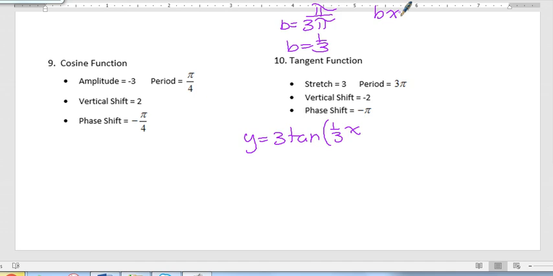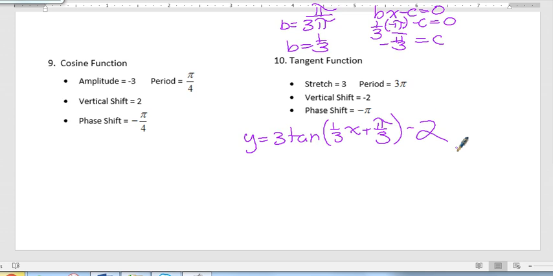So bx minus c is equal to 0. I know the b is 1/3. The phase shift is minus pi minus c equals 0. Scooting that c to the other side, we get minus pi over 3. Of course, in our equation, it is the opposite sign, and the last piece would be the vertical shift.